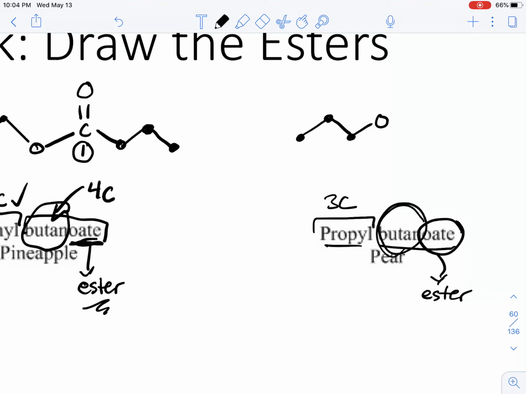Here I have butan, so that's a 4-carbon compound. Since it's an ester, I need another carbon that's double bonded to an oxygen. I'm drawing my carbonyl group upside down, and that's totally okay. This carbonyl carbon is going to serve as carbon number 1 for my butanoate. To complete this, this is carbon 2, this is carbon 3, this is carbon 4.